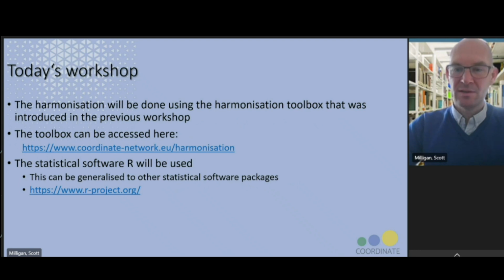The commentary that we leave on the code, which is also available following the links attached to this video, we hope will help users generalize this code into other statistical software packages. The other requirements that are not strictly necessary have been used in this workshop, including the use of the here package, for example, which we will discuss later, are explained on the Harmonization Toolbox website. All of this will be discussed in more detail on an upcoming slide.